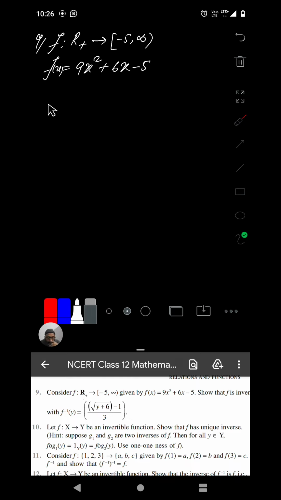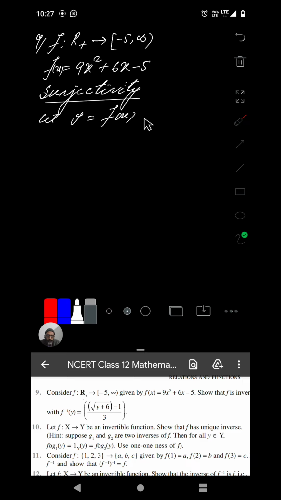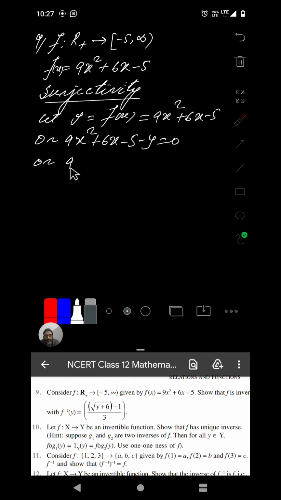Now we have to show that it is surjective as well. For surjectivity, we need to find the range of the function. Let y is equal to f(x), that is 9x square plus 6x minus 5. Or we may write it as 9x square plus 6x minus 5 minus y is equal to 0, that is 9x square plus 6x minus (y plus 5).